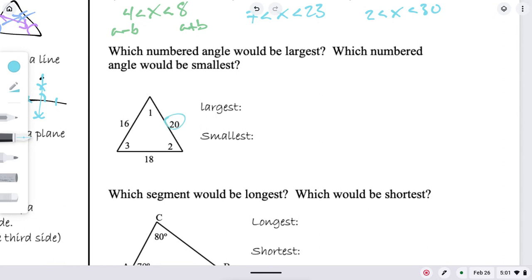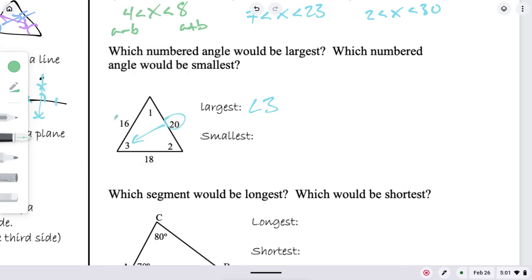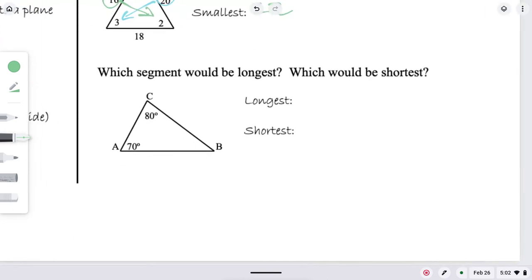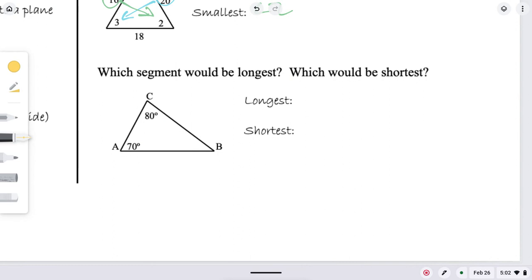Find the longest side. That's going to give you the largest angle, opposite of it. So the largest angle is angle 3. The smallest angle is going to be opposite of the smallest side. So smallest angle is angle 2. Angle 1 is just in between those things. So which segment would be the longest? First, I do technically need to know what this third angle is, so I have to do a little triangle math.